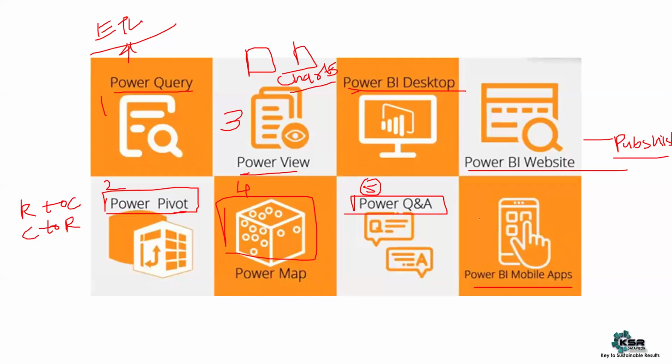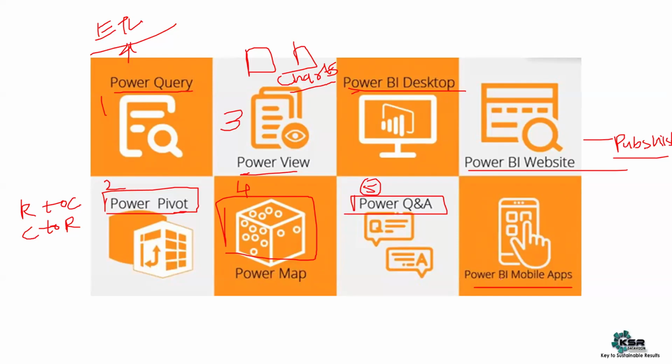But if you want to share it as a mobile version, there is always an option available in Power BI Desktop. You can change from desktop view to mobile view. Even that is visible in Power BI. So with all these options, Power BI is leading this market presence.